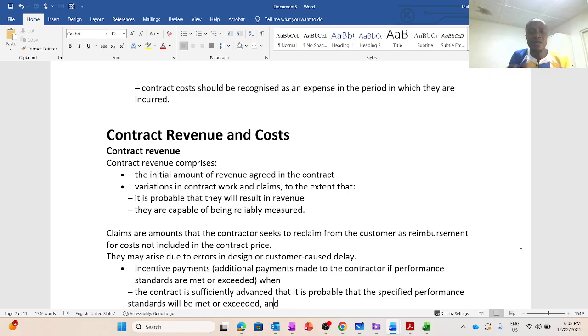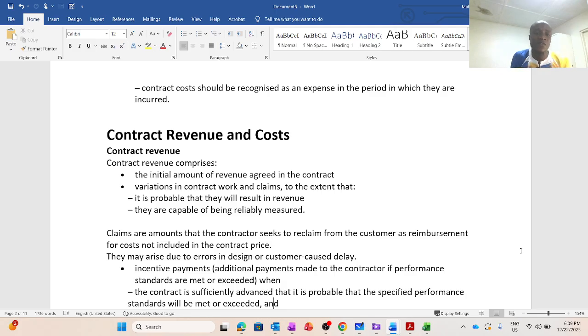Alternatively, we have a variable or contingent consideration. A variable consideration in contract work or claims. Now, for example, part of the contract agreement stated that if the building is constructed within 2 years, then we are going to give a bonus of 5% of the revenue to the construction company. This is just an example, right?